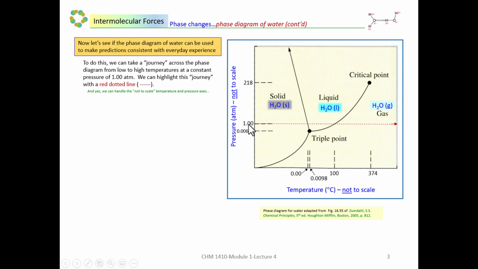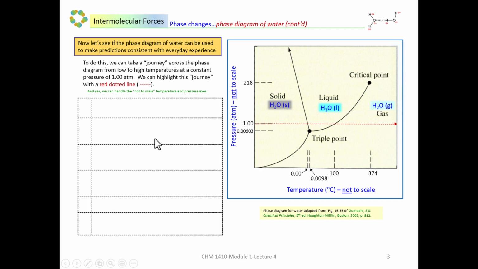And we're going to choose a constant pressure of 1 atmosphere, normal atmospheric pressure. So we'll start from very low temperature under normal atmospheric pressure and go from left to right to very high temperatures. And we can see what the diagram will predict, and if that makes sense to us from what we observe in everyday experience or in the laboratory.